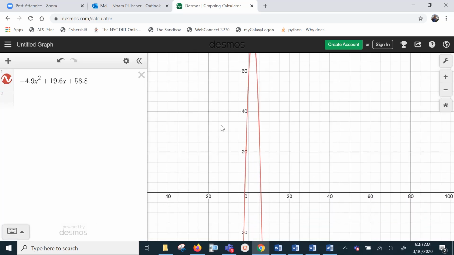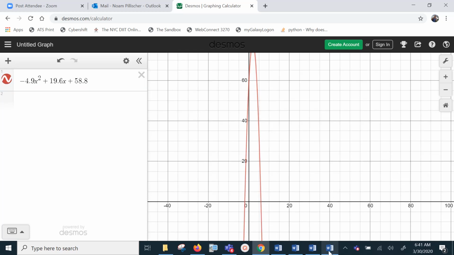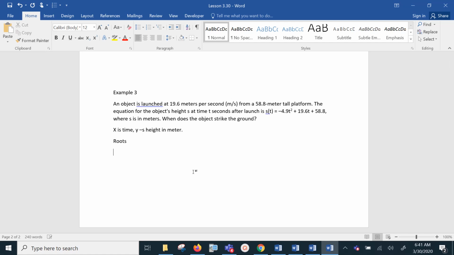We just look at the roots. We go here and here. Negative, right? So we're not going to use it. So we ignore the negative. It's in the air for about 6 seconds, right? It was launched, like they said, from 58.8 meters, right? So we go back here and say the object is in the air for 6 seconds.